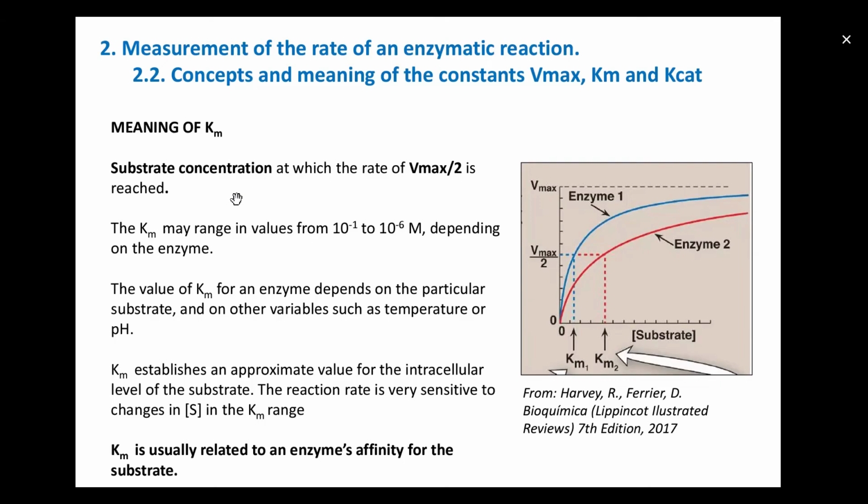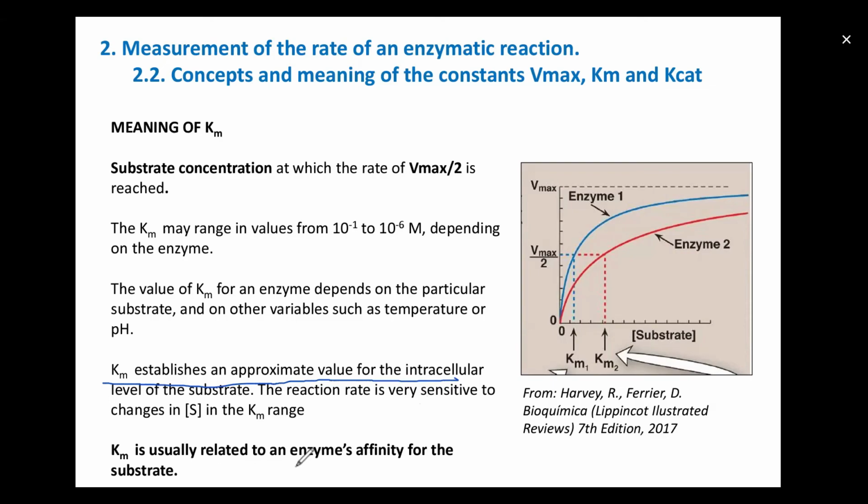So you see, the value of Km depends on substrate, temperature, pH, and many other factors. The Km also establishes the approximate value for the intracellular level of a substrate, and the reaction rate is very sensitive to changes in substrate in the Km range.